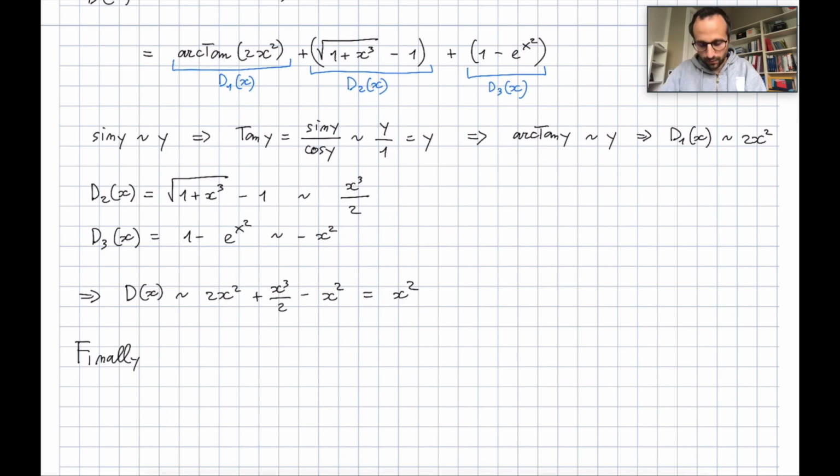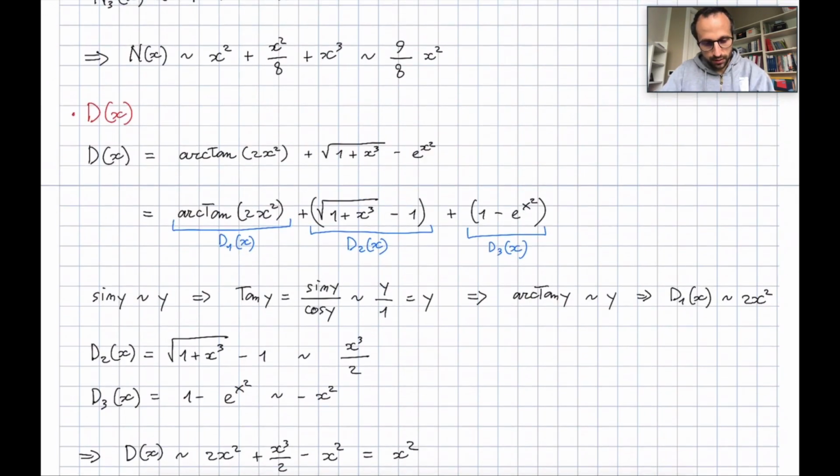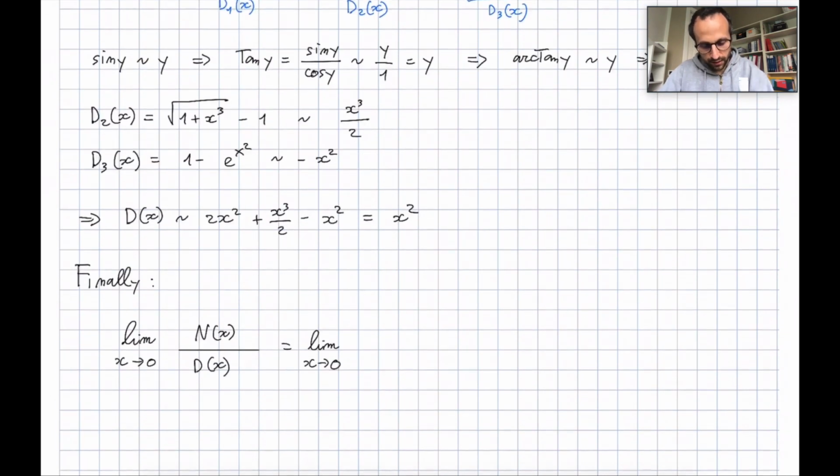So finally, let's see why all these efforts were very worth doing, because we obtain very simply that the limit as x goes to 0 of my function n of x over d of x, I can easily substitute. In the numerator, I can put this quantity here, 9 over 8 x squared, over, in the denominator, this quantity here, which is x squared. And so this limit is very simply 9 over 8.